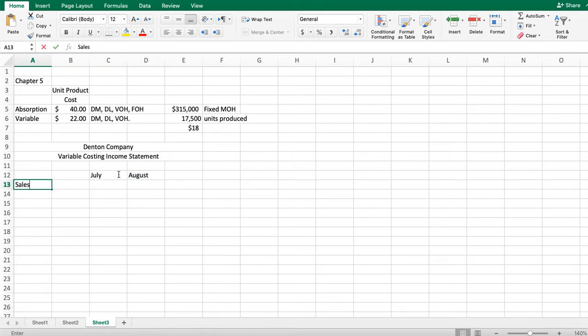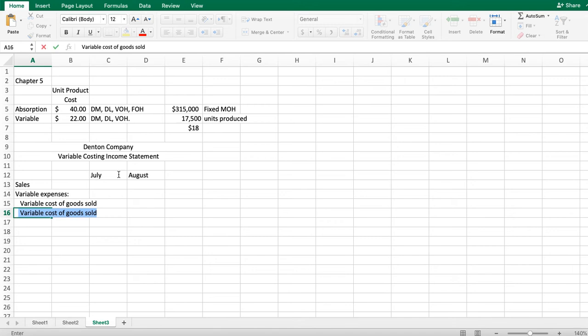And with any income statement, we start with sales, and with a contribution margin, the next thing we're going to do is subtract our variable expenses. And we're going to subtract all of them. So first of all, our variable cost of goods sold, and then we're going to subtract our variable selling and administrative.